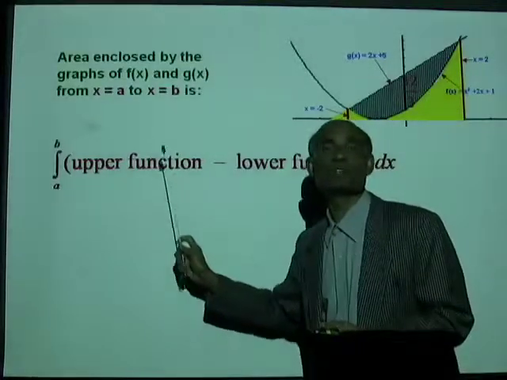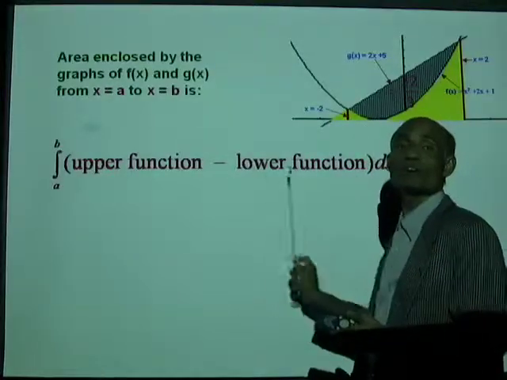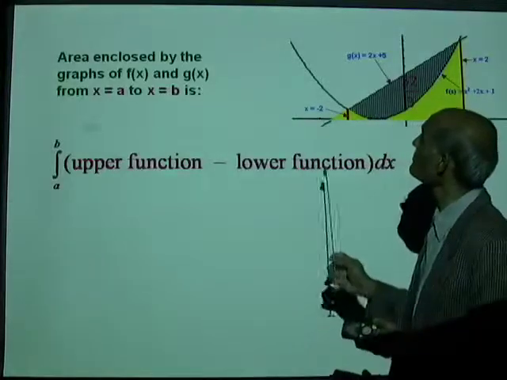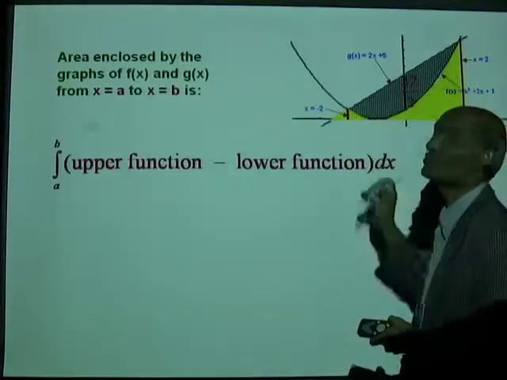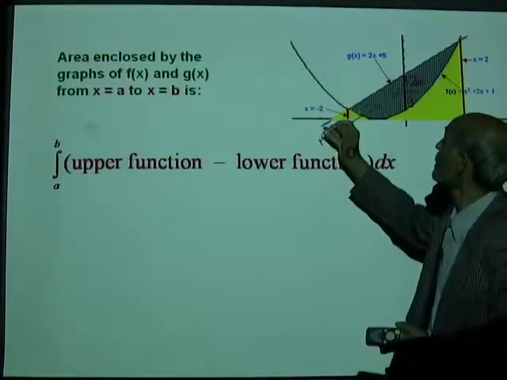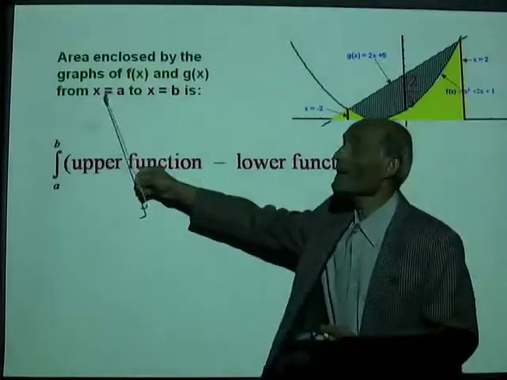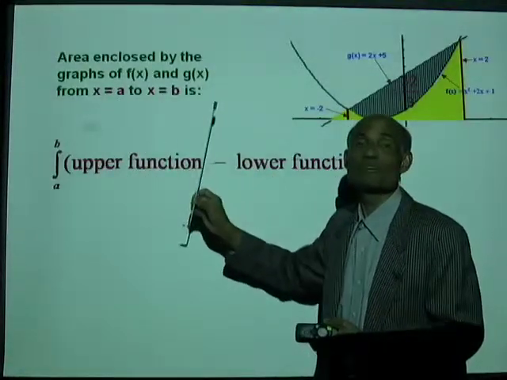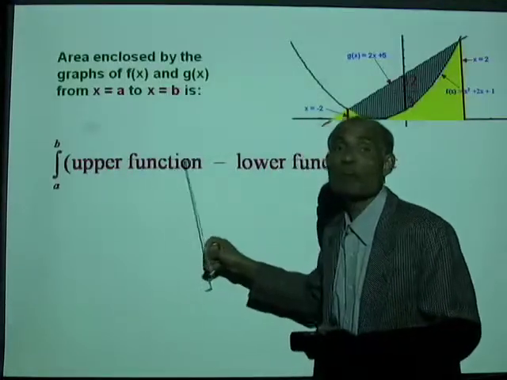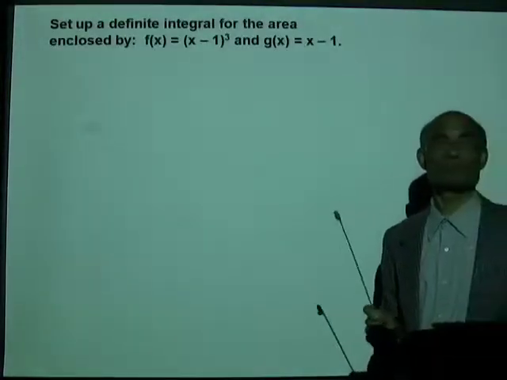What all you need to do is integrate the upper function minus the lower function from x equal to a to x equal to b. That will give you the area enclosed by the two graphs. So once again, the area enclosed by f of x and g of x from x equal to a to x equal to b is integral a to b, the upper function minus the lower function with respect to x.